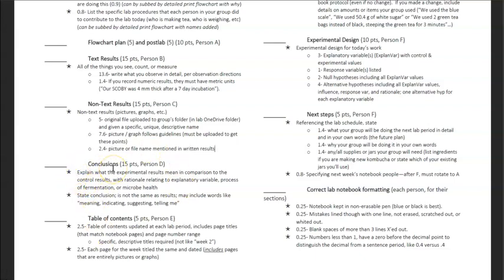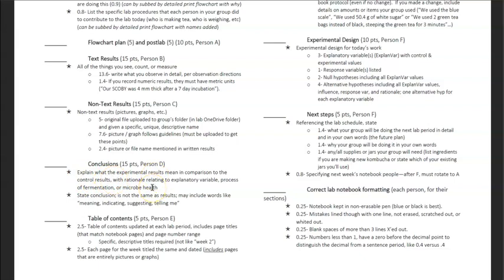Conclusions is explaining why the experimental jar or jars look the way that they do compared to the control. And so let's say that you put cloves in your experimental jar, and it is not fizzy and there is no SCOBY, which is suggesting that the microbes are killed or otherwise impaired and there is no fermentation.